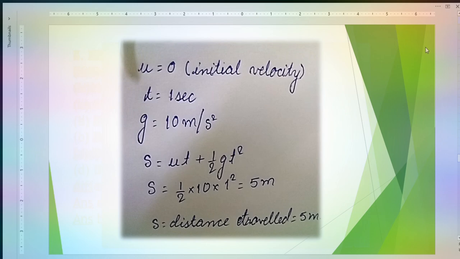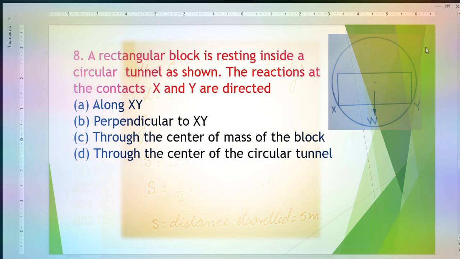Here u equals 0, so ut equals 0, hence s equals half gt square, which equals half into 10 into 1 square equals 5 meter. So distance traveled equals 5 meter.